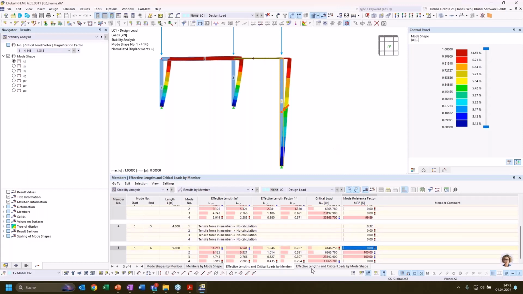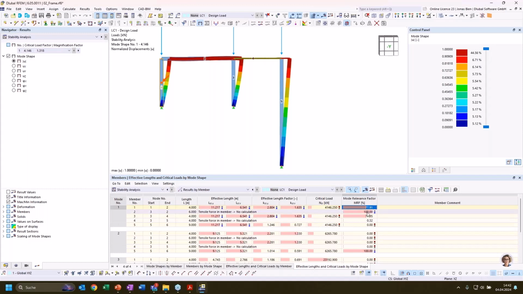So in the first mode shape, we have 3 members that have a significant mode relevance factor, so 78% or 100%. And then we have 2 members, this truss member up here and member number 5, this pinned column, that have a mode relevance factor of almost 0.